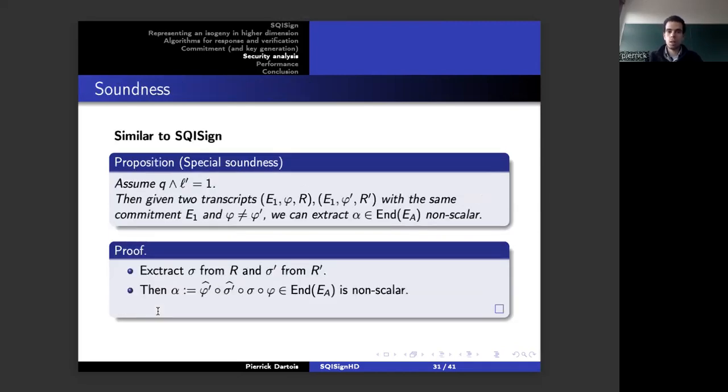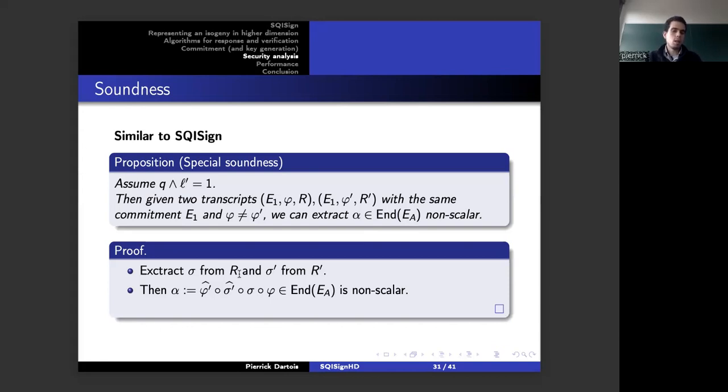The soundness argument of SQISignHD is quite similar to SQISign. It's a special soundness argument. Under the hypothesis of Q being coprime with L prime, given two transcripts for the protocol with the same commitment E1, but different challenges phi prime, we can extract a witness for a hard relation, meaning that we can extract an endomorphism of EA, which is not scalar, of course.